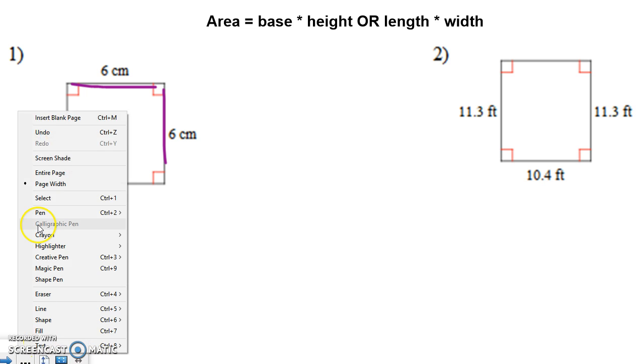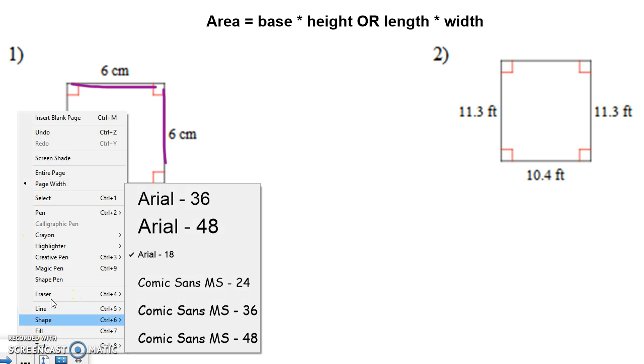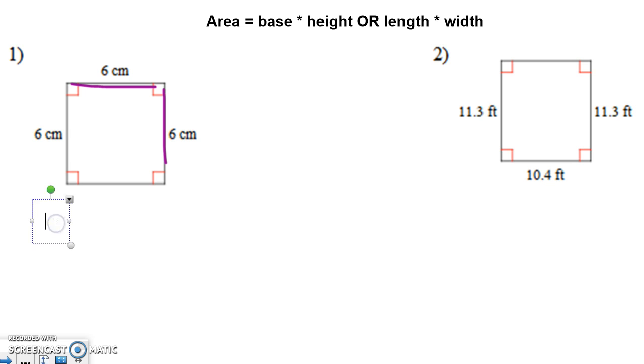To get the area, I'm simply going to multiply those two numbers together. So the area would be 6 times 6, or 36. And remember, the units are squared. So we did 6 centimeters times 6 centimeters, which makes 36 centimeters squared. Make sure you are putting the units. That's really important. And that is the answer to your very first question.